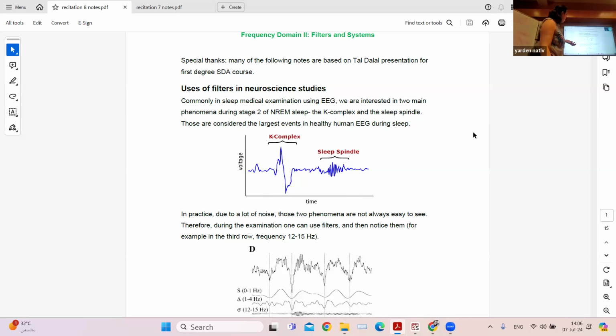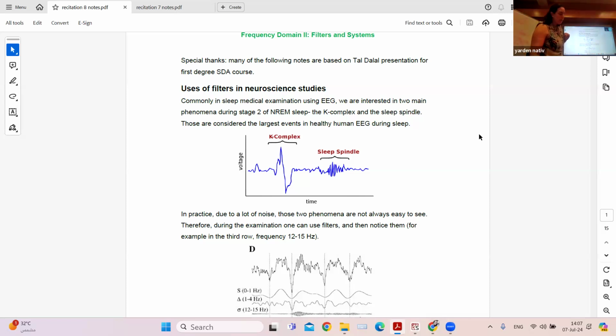We see here that there are differences in the frequencies between them. Which one has a higher frequency? The spindle, right. This one has a lower amplitude but a high frequency, and this one has a high amplitude but a slow frequency.